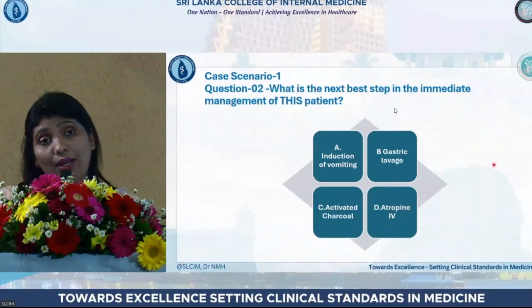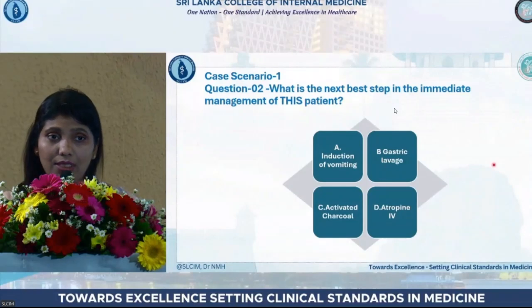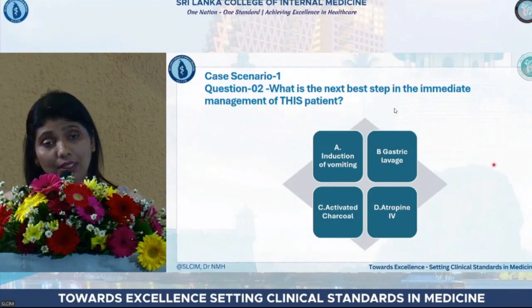Now, the one thing peripheral hospitals are doing is they think that the induction of vomiting is synonymous with gastric lavage. Please, because this is seen all over the country, and I know most of the doctors are watching this, please don't induce vomiting.